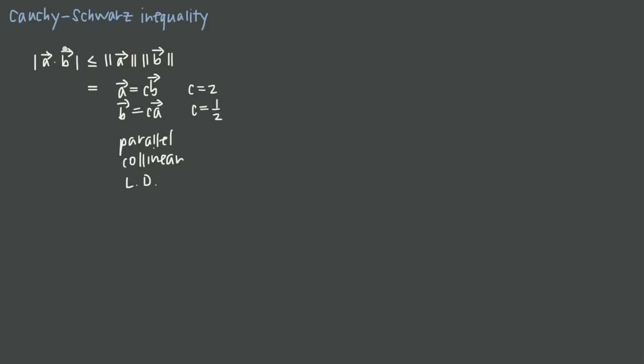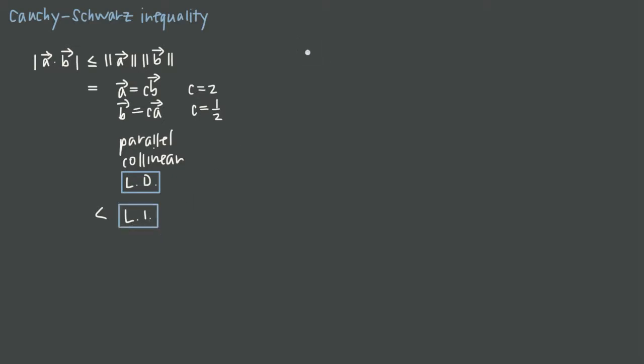If we find these two values on either side of the inequality and they turn out to be equal to one another, then we know that the vectors are linearly dependent. If the values are unequal, in other words, the left-hand side is less than the right-hand side, then we know that the vectors A and B are linearly independent.